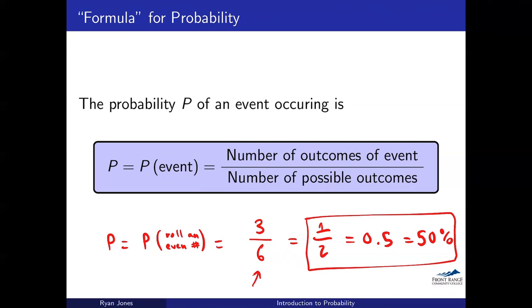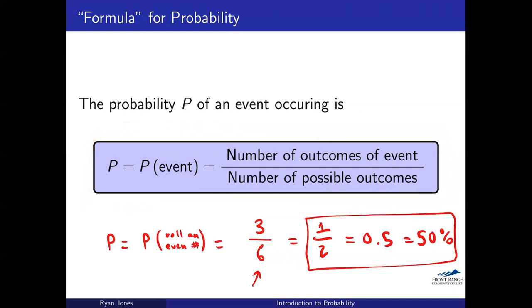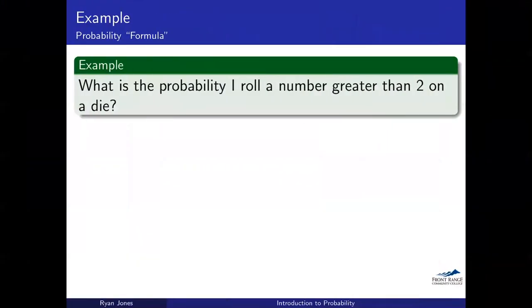So let's go ahead and use this idea. I like to call this method, this formula, the counting method, because a lot of times we really just count things up, count the possible outcomes and things like that. So let's use this counting method to answer an example question here. What's the probability that I roll a number greater than 2 on a die?